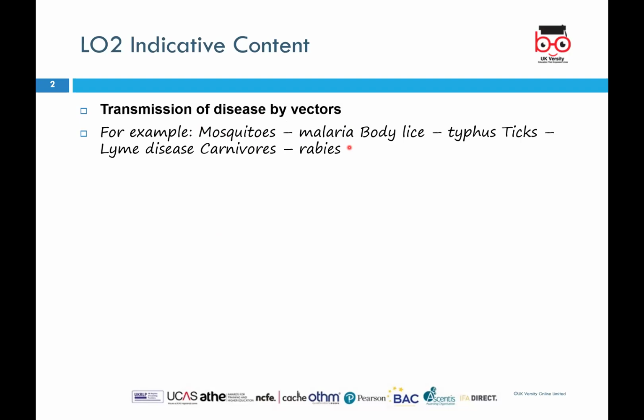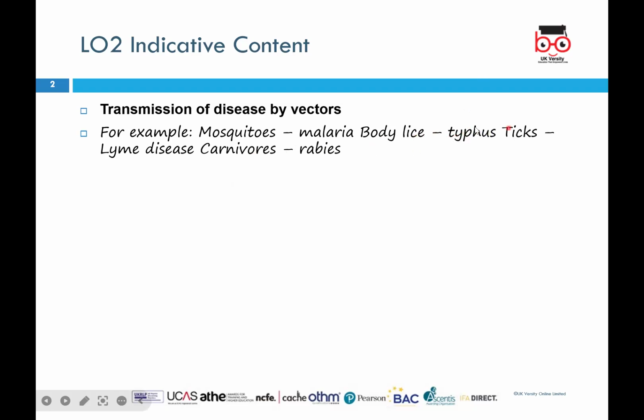There are different types of mosquitoes, and it is just the female mosquito of the genus Anopheles that will carry the malaria parasite. It's not going to be the male. Body lice would cause typhus.